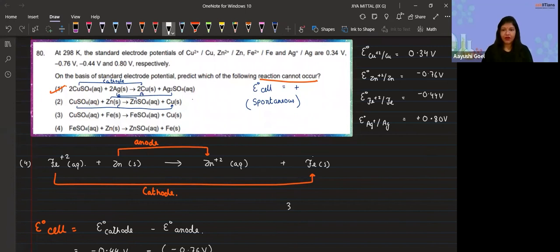E naught cell will be equal to the cathode, copper, plus 0.34, minus zinc, so minus minus 0.76. It turns out to be plus 1.1 volt.